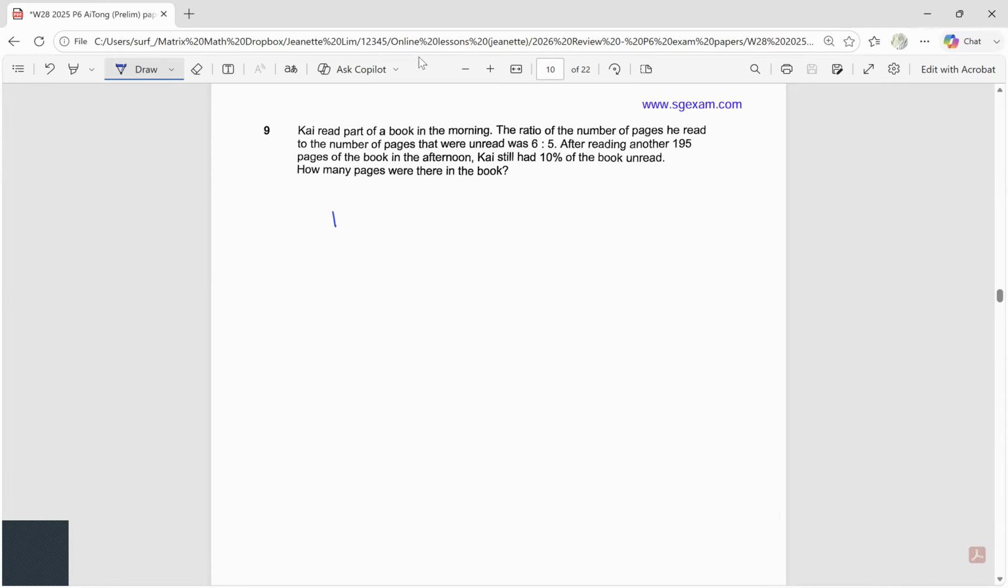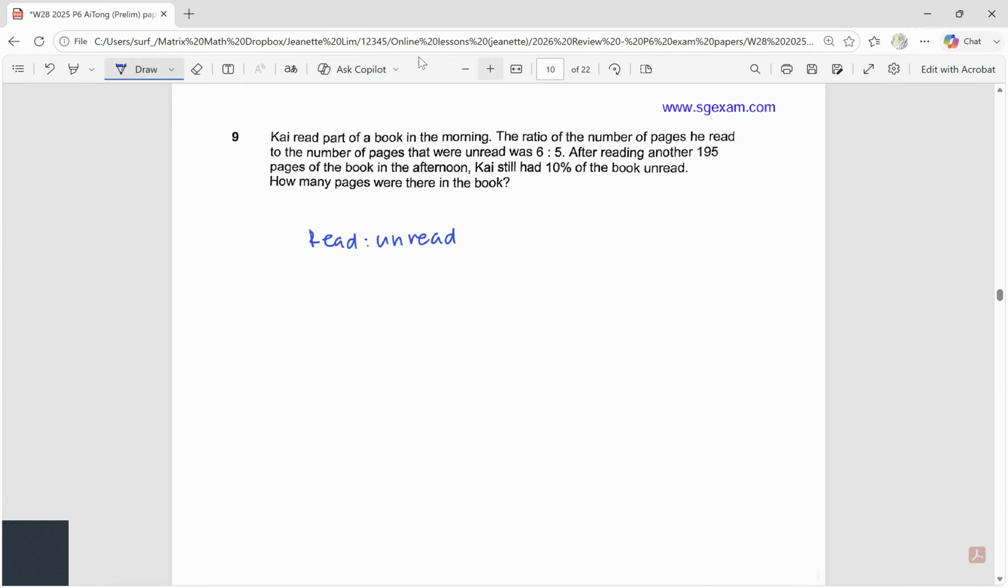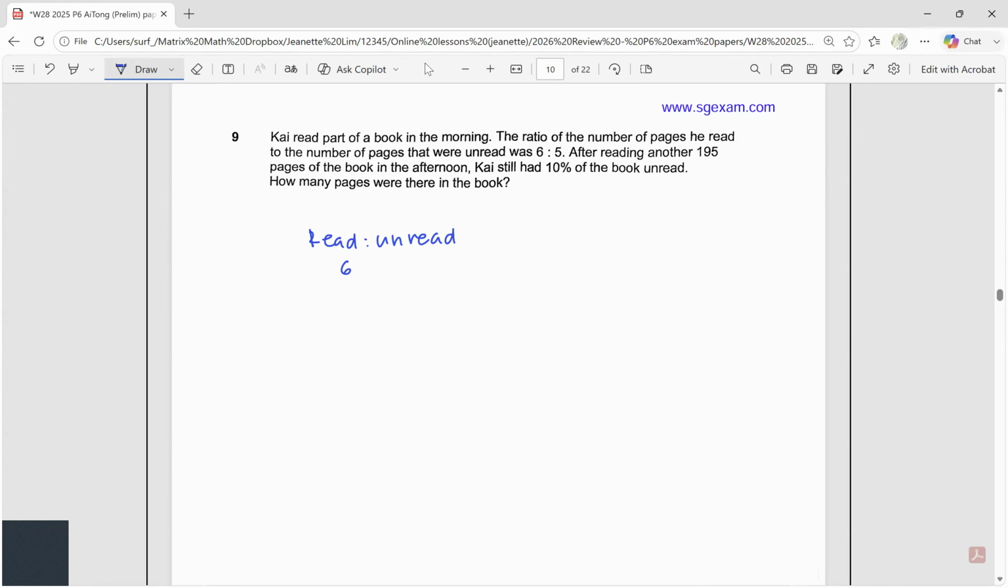So at first, the ratio of pages read to unread would be 6 to 5. Let's use fractions. Your total is always the same. So in the morning, let's do fraction in terms of what's read.